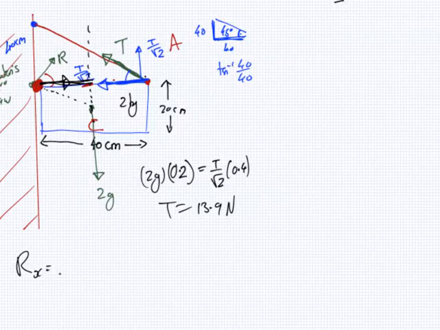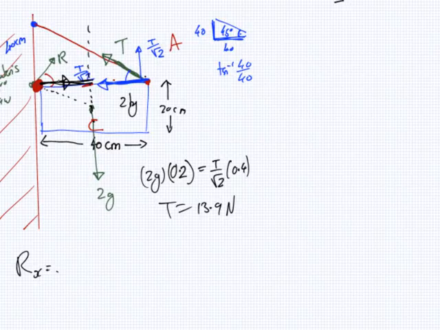What is it? T over root 2. Why? Because we found out that T cosine 45 is T over root 2, going this way, and it has to be equal to R X in the opposite direction. You can say the force to the left equals the force to the right.